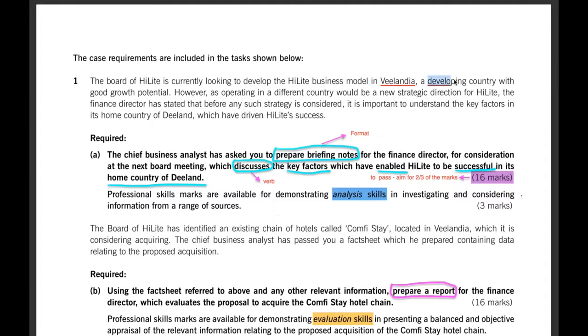So it's a developing country. Good growth potential, all right?